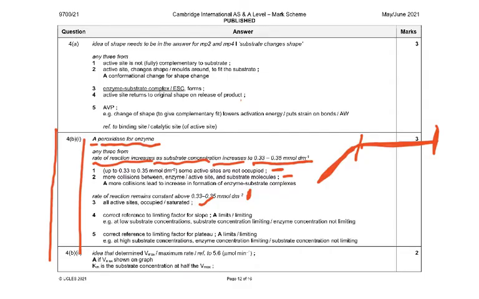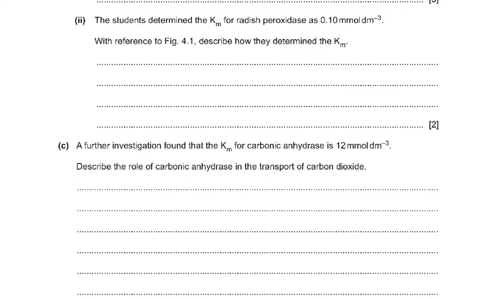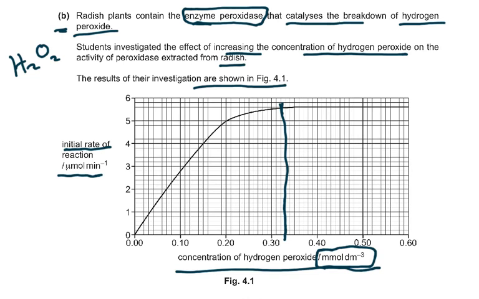Coming to question part 2: the students determined the Km for radish peroxidase as 0.10 millimoles dm cube. With reference to figure 4.1, describe how they determined the Km. And that's 2 marks. Always look at the marks when you're doing the question. How did you figure this out? You've got to calculate the Vmax.